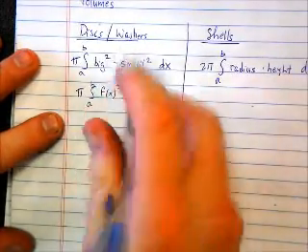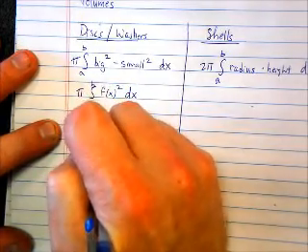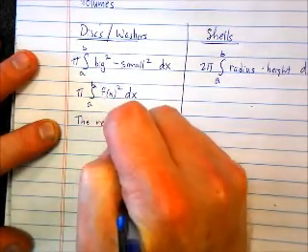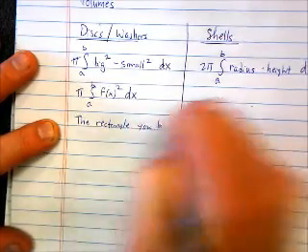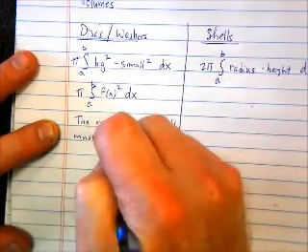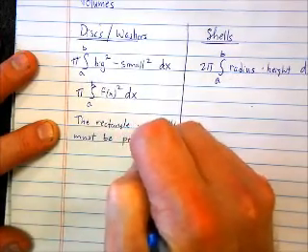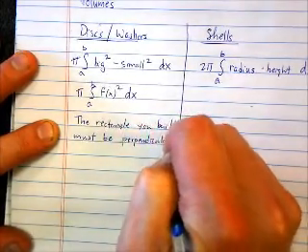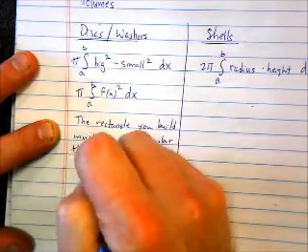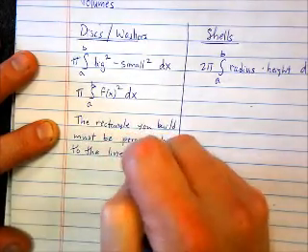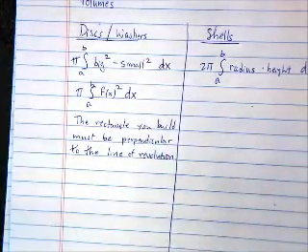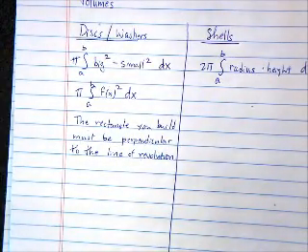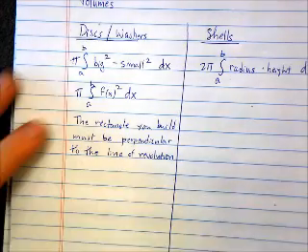So, for discs and washers, the rectangle you build must be perpendicular to the line of revolution. So that right there determines if you're using dx or dy. What really determines dx or dy is your line of revolution.